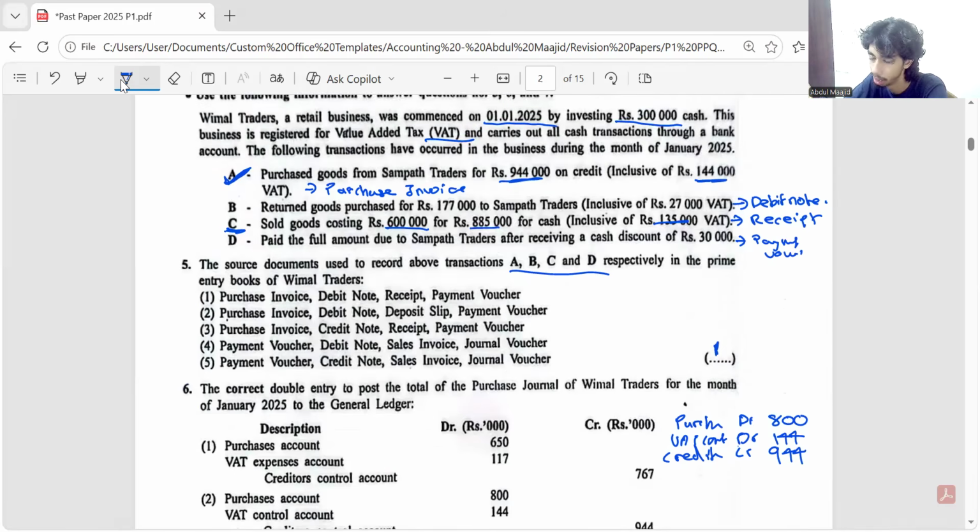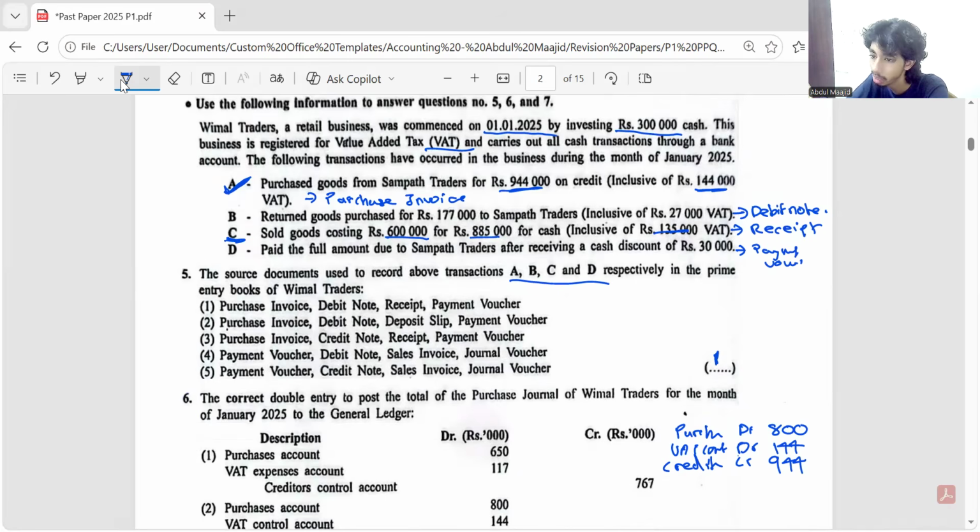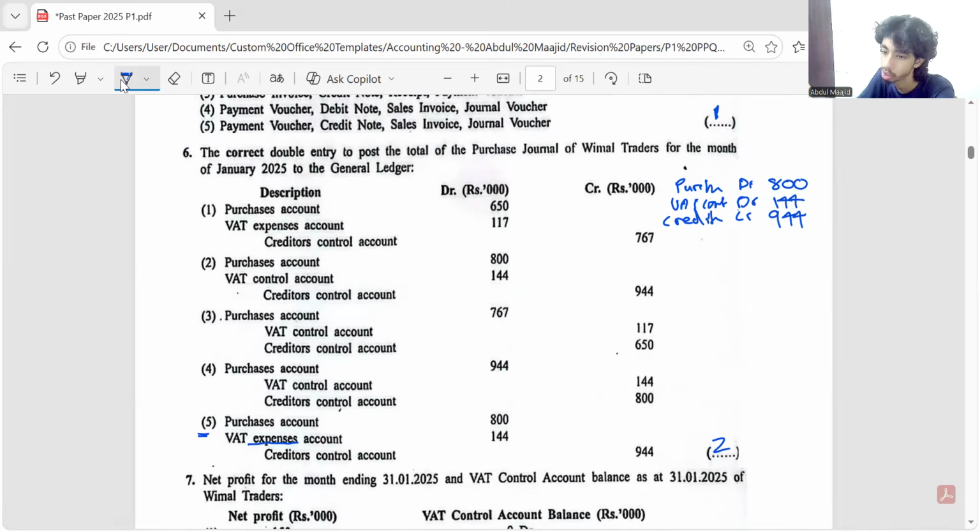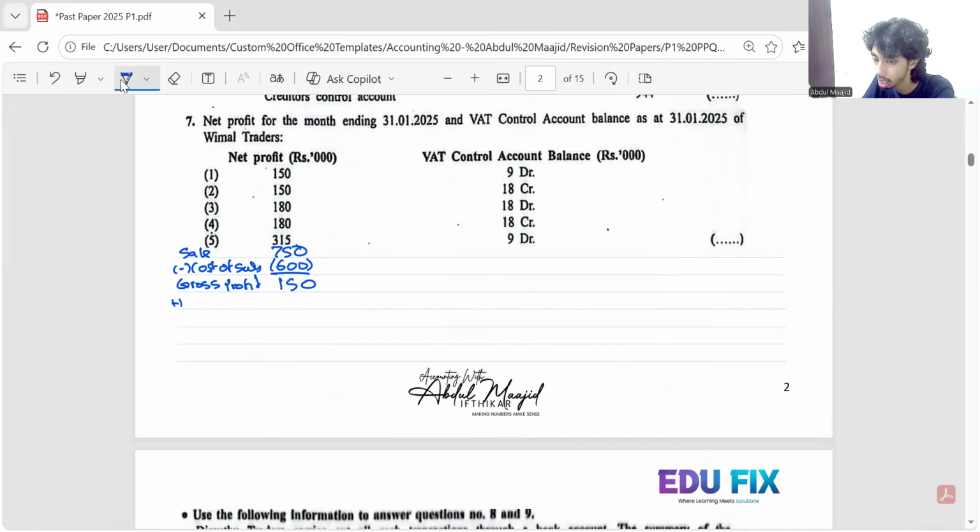Then pay the full amount due to Sampath Traders after receiving a cash discount of 30,000. So plus discount received 30,000, you can get your net profit as, there is no other expense, net profit as 180.